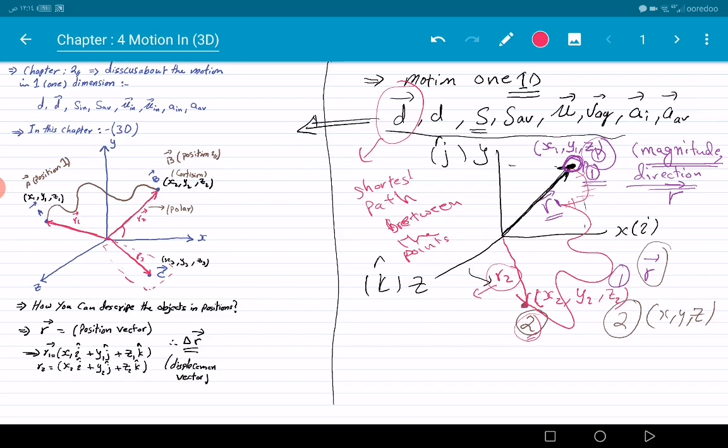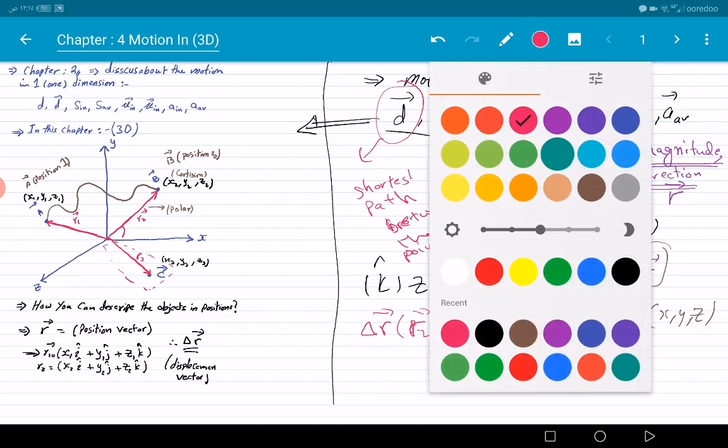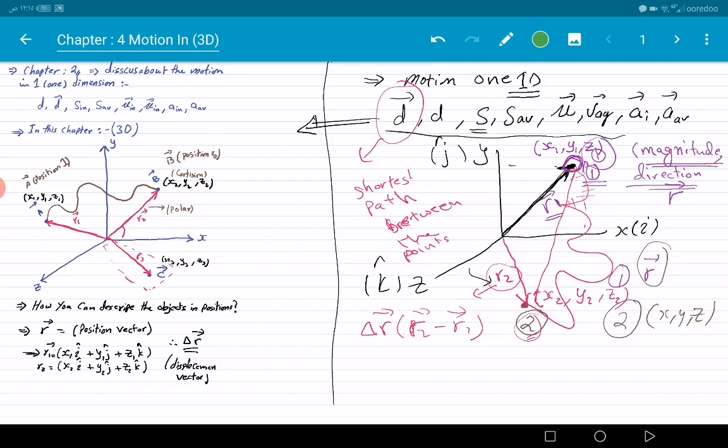It means delta R. What is the meaning of delta R? R2 minus R1. I draw it with another color. So that is delta R, the shortest path between the two points, point 1 and point 2.